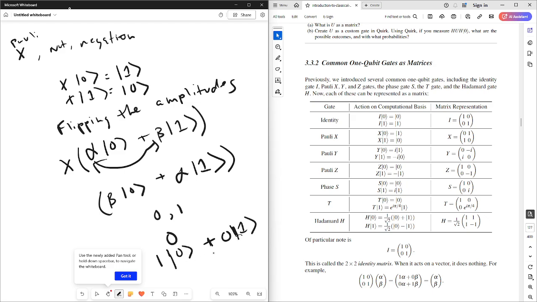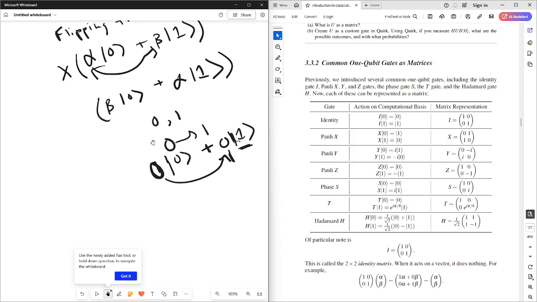The application of an X gate is going to flip this bit to 1. So it'll just flip these here. So now the probability of being 1 is now 100, and the probability of being 0 is now 0. And the matrix form for that is 0, 1, 1, 0. If you look at it that way, it's the I gate sort of transposed almost.